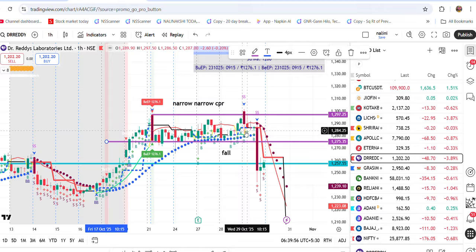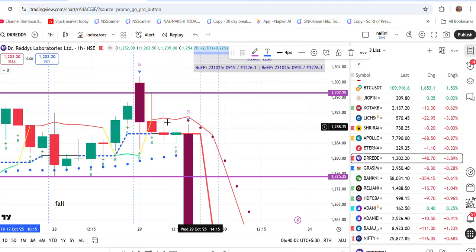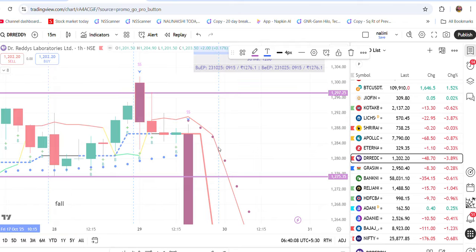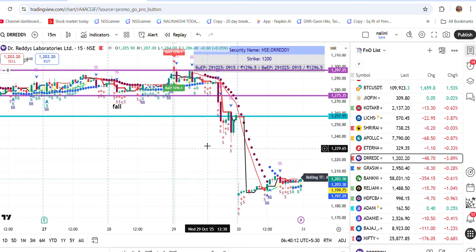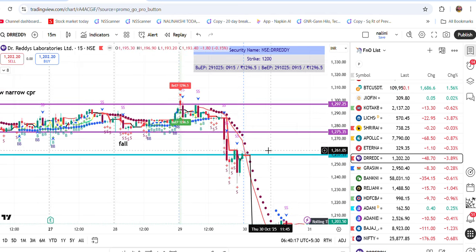You can see there. Let me zoom it out and go to the 15 minutes time frame to understand what is happening. That means distribution had already started in this stock, so they were accumulating.